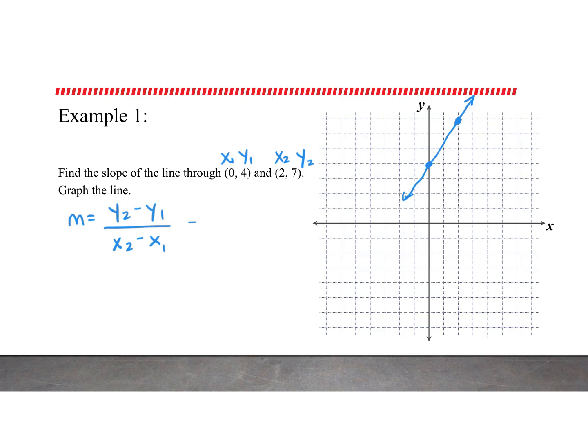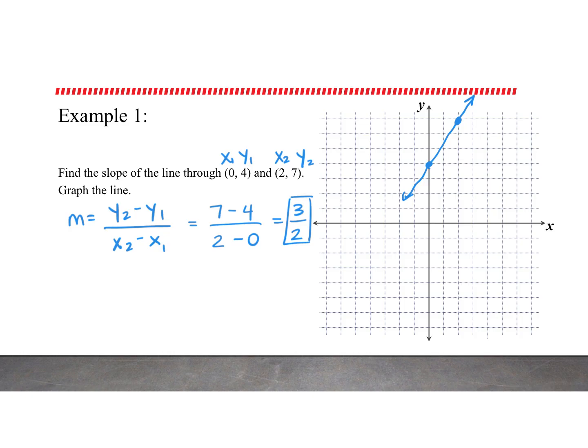So on top, my y2 is the 7 minus my y1 is 4. And on bottom, my x2 is 2 minus my x1, which is 0. Subtract on top, subtract on bottom. Always check to see if you can reduce the fraction. And there it is. My slope is 3/2.